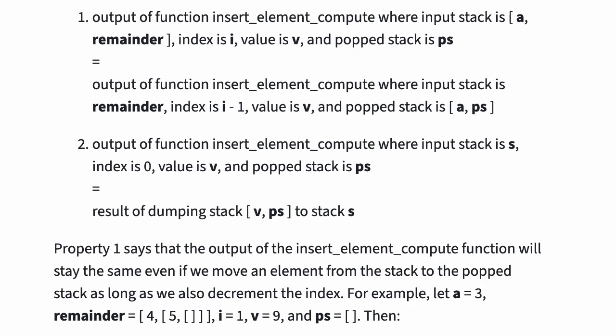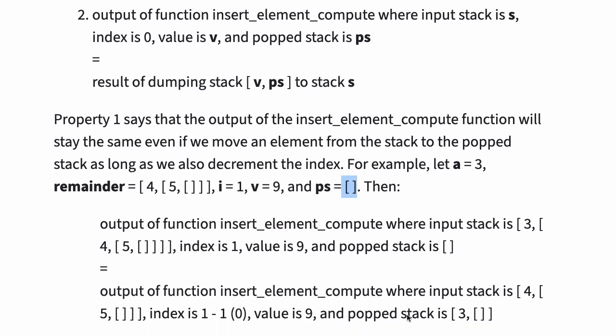Property 1 says that the output of the insert element compute function will stay the same, even if we move an element from the stack to the pop stack, as long as we also decrement the index. For example, let a equal 3, remainder equal stack 4, 5, I equal 1, v equal 9, and ps the empty stack.